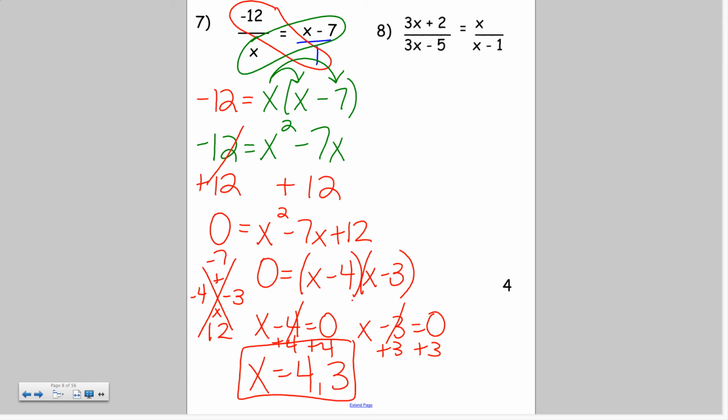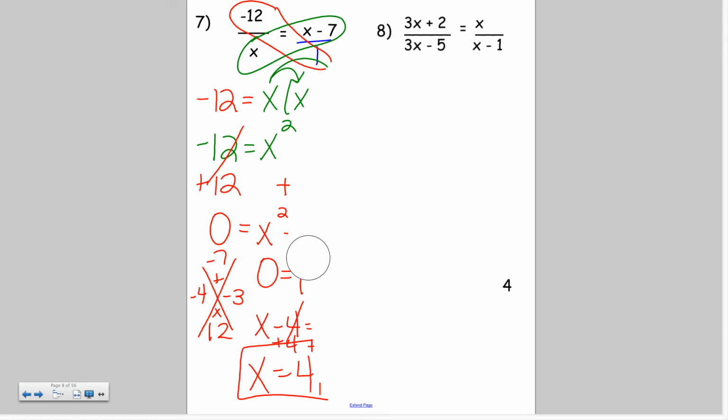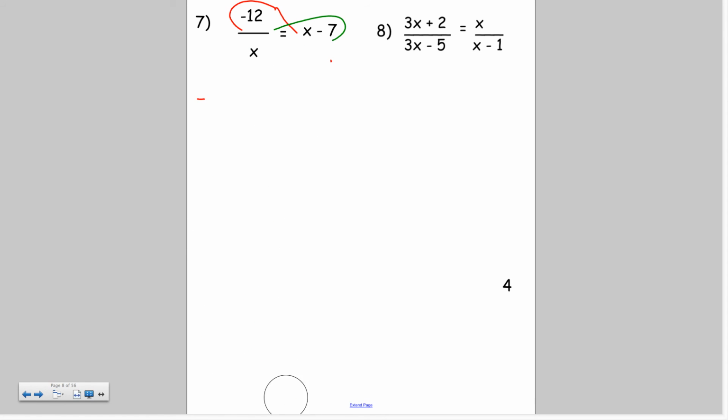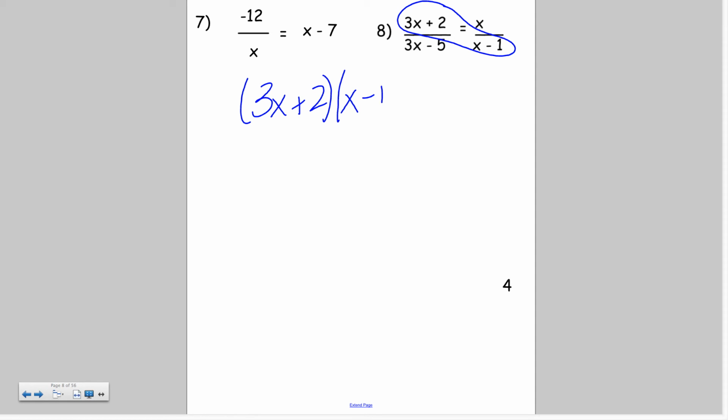Alright, I'm going to erase so we have some room. Alright, number 8. Oh, I've got a binomial and a binomial again, so I have to box it or FOIL it. And we've got a monomial times a binomial, so I'm just going to distribute that.